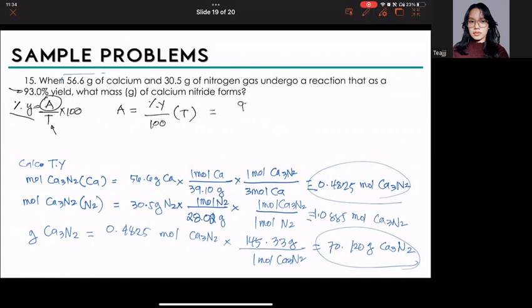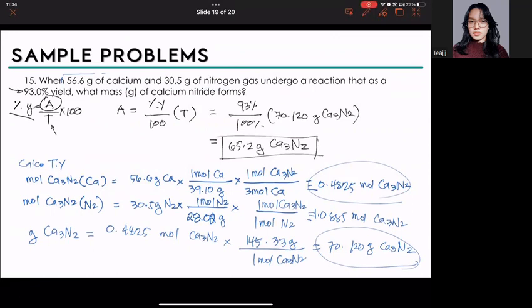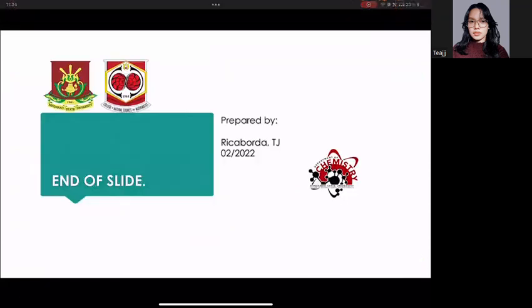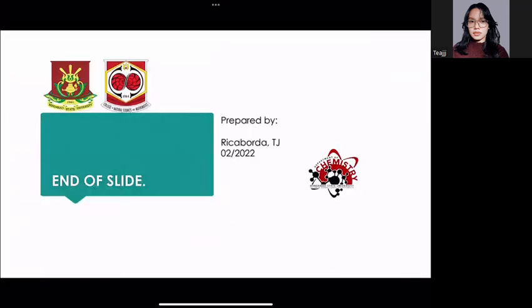So that's 93% over 100% times 70.120 grams of Ca3N2. That would give you 65.2 grams of Ca3N2. So that's your actual yield. 93% of your theoretical yield will be your actual yield. And that's it. So that was question number 15.